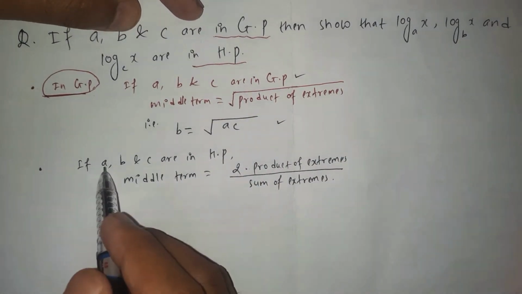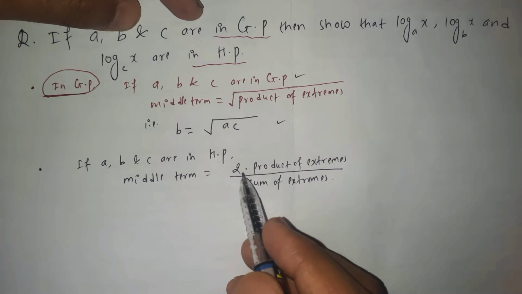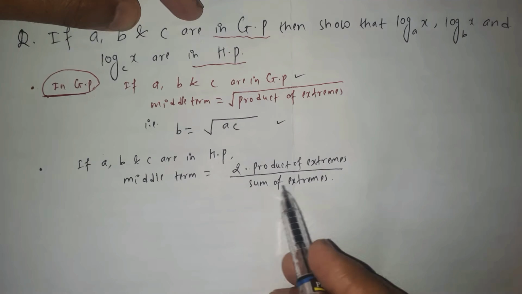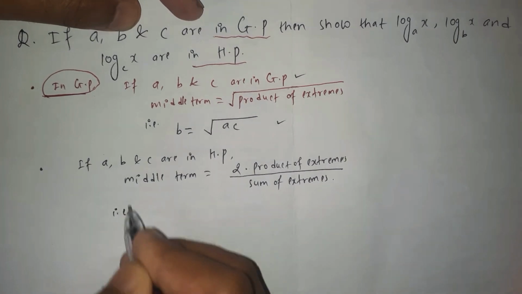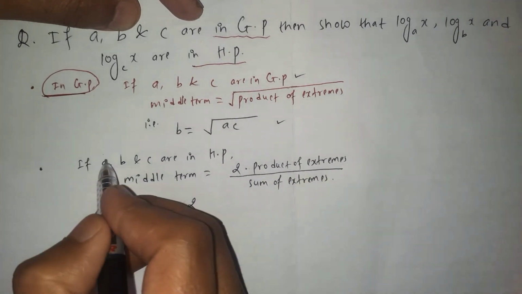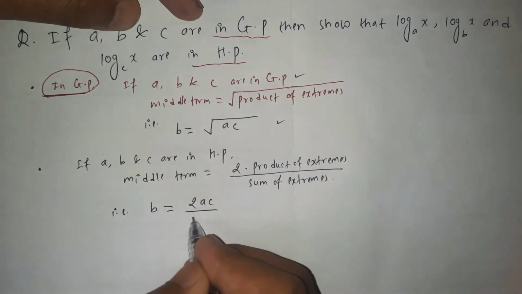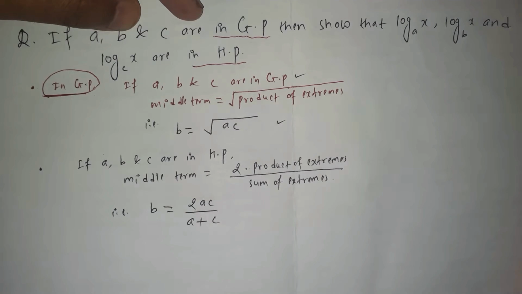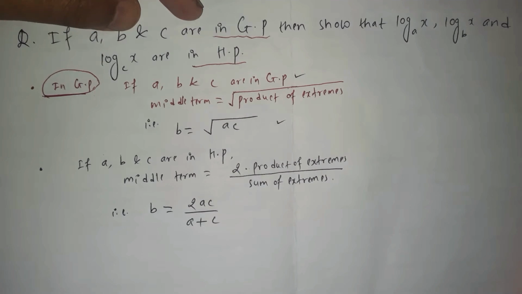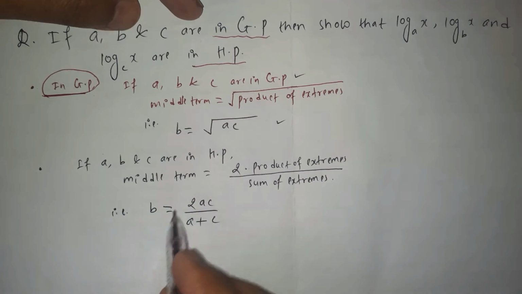If the numbers A, B, C are in harmonic progression, then the value of the middle term will be 2 times the product of the extremes over the sum of the extremes. That is, here the middle term is B. The value of B is 2 times the product of the extremes, which are A and C, so their product is AC, over the sum of the extremes, and the sum of A and C is A plus C. This is a very important relation between three numbers which are in HP, and the middle term is called the harmonic mean.